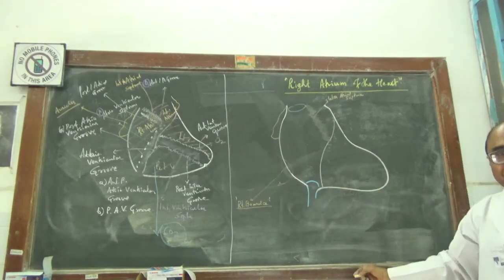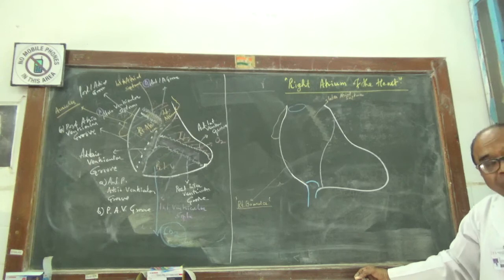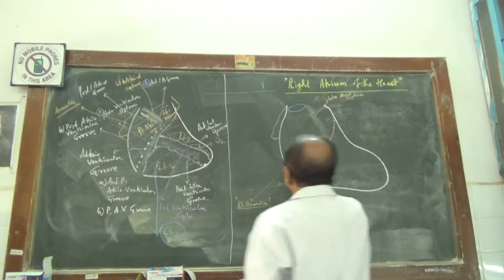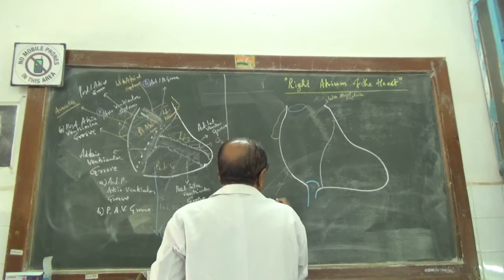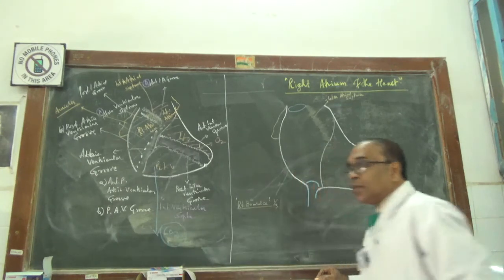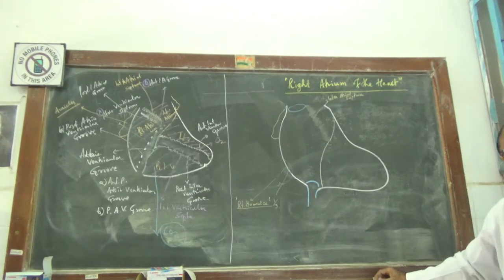and this right atrium forms one third of the atrial portion of the sternocostal surface of the heart.